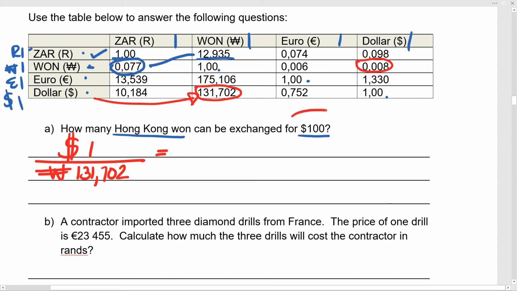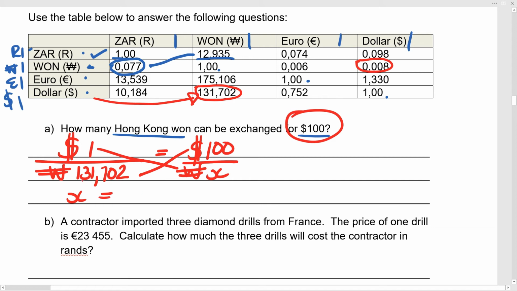Instead of $1, I want $100. You can probably even do this in your head. So I'm going to say $100 over the one amount is the one that I now don't know, and then I'm going to cross multiply. I'm going to say 1 times x equals 100 times the 131.